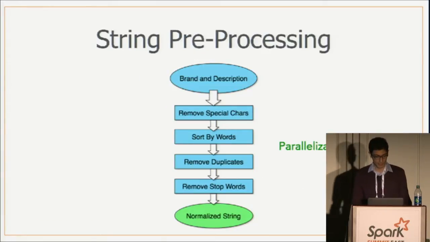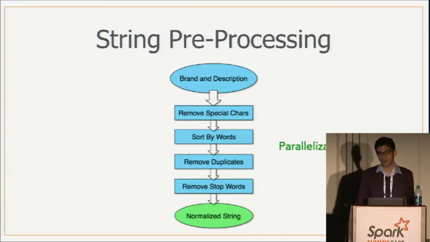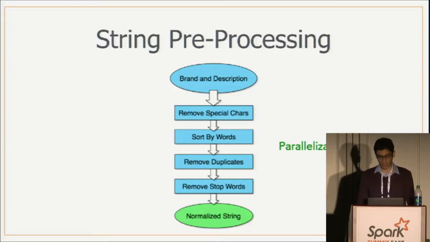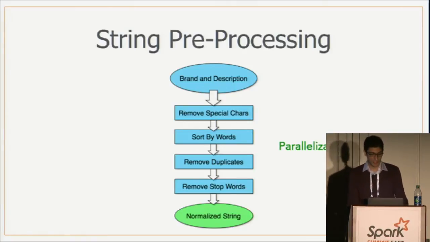To start the process, we tried to unify the food entities that were referring to the same type, for example, the different brand and description strings I mentioned earlier for the McDonald's McChicken sandwich. We tried to make them as similar as possible with some string normalization, including removing special characters like apostrophes and question marks.